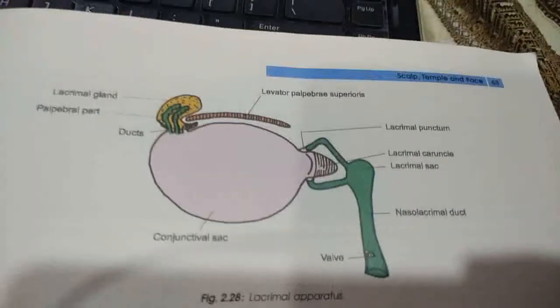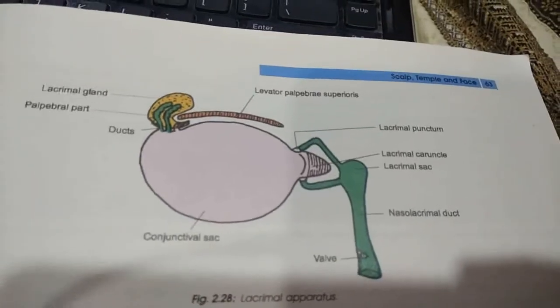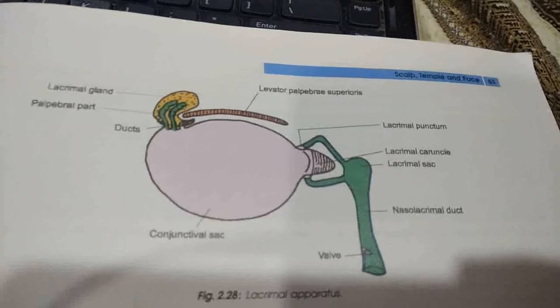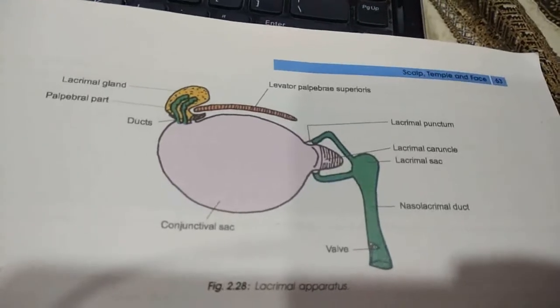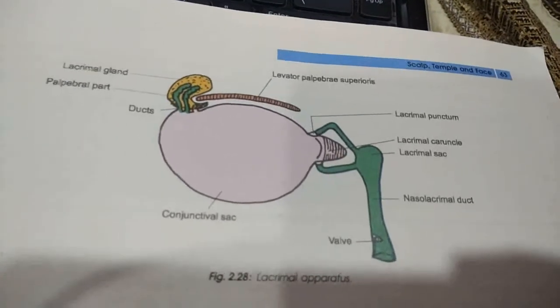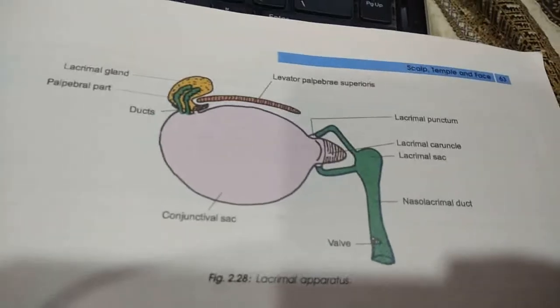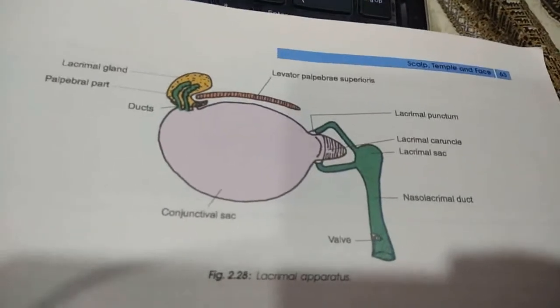Small accessory lacrimal glands are also found in the conjunctival fornices.